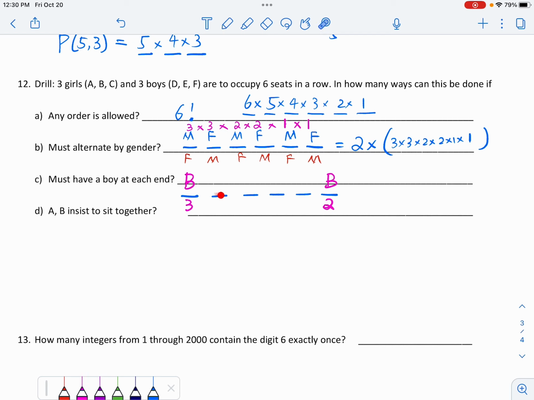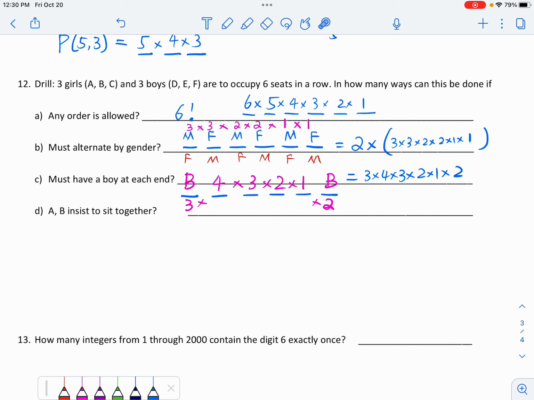For the rest of those 4 people, we really don't care, so that's where the permutation comes in, 4 times 3 times 2 times 1, and then times 2 times 3 at the first and last. So therefore this is going to be 3 times 4 times 3 times 2 times 1 times 2. That's how we find the permutation for this scenario.